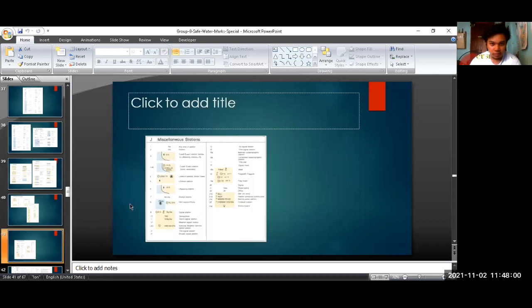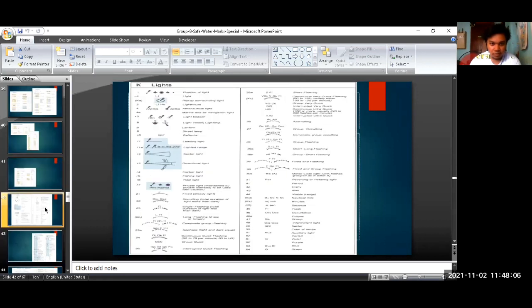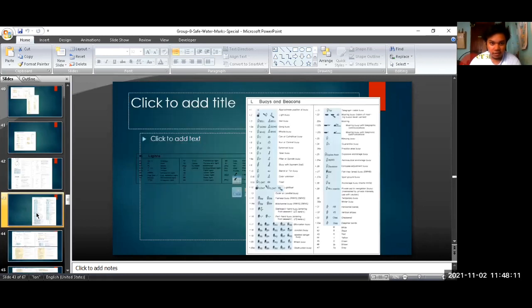Next is the miscellaneous stations. Next is the lights. Next is the buoys and beacons.